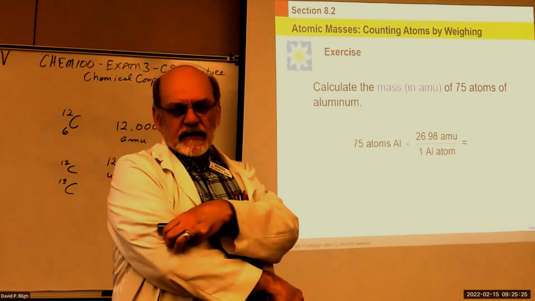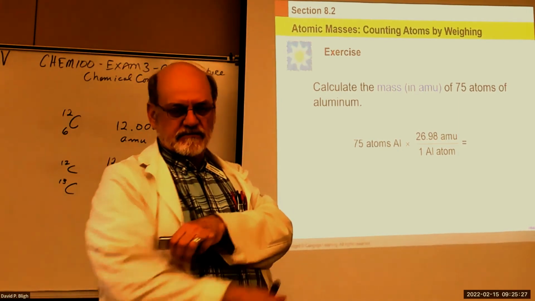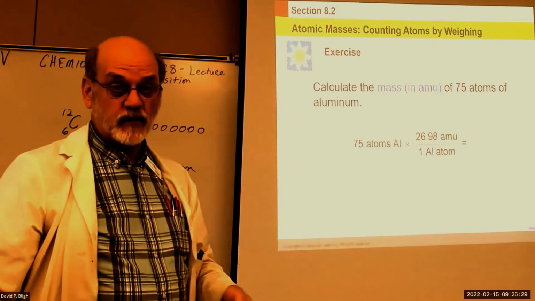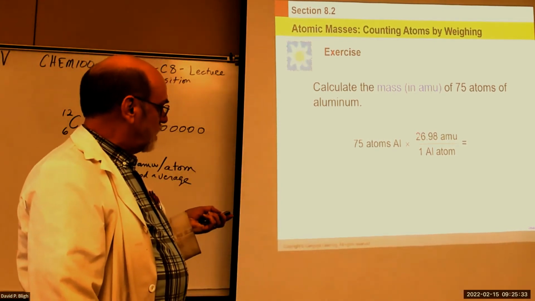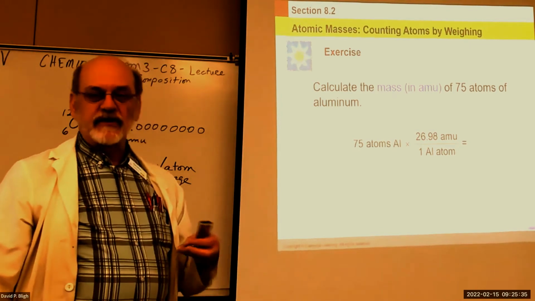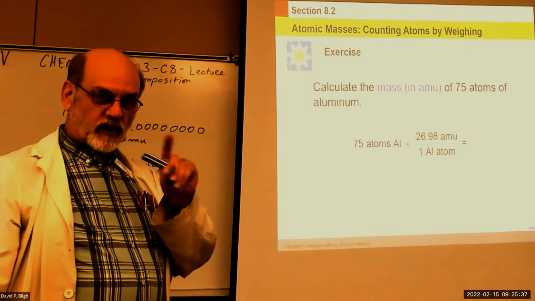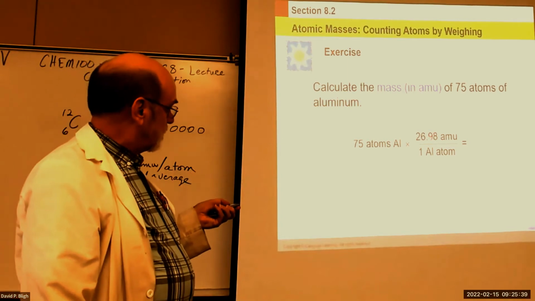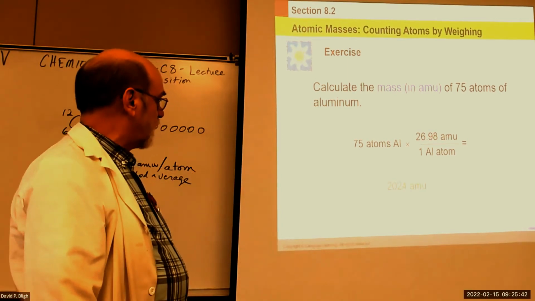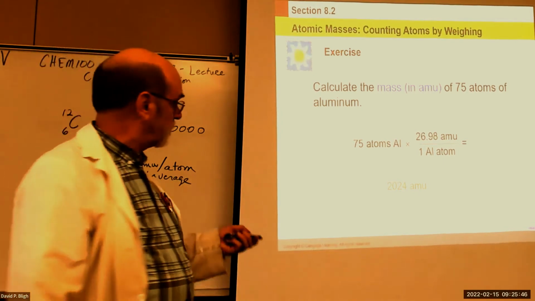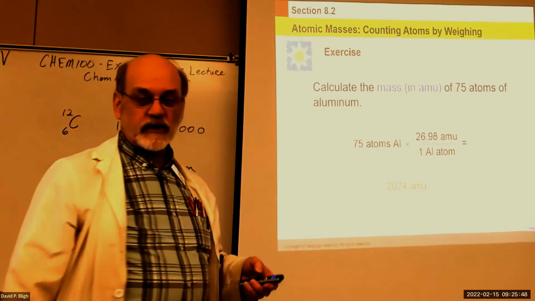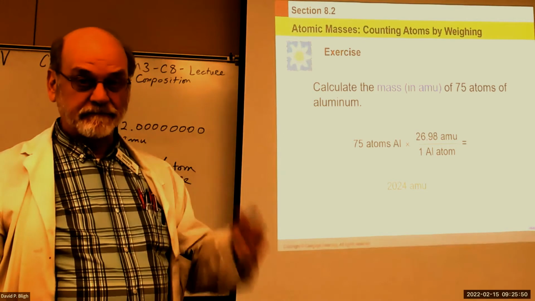In this class, 2 decimal places is sufficient for anything we're going to do. So that's where we got this number. The weighted average atomic mass units for one atom of aluminum is this. So when we do that calculation, we find that 75 atoms of aluminum should be 2,024 atomic mass units.